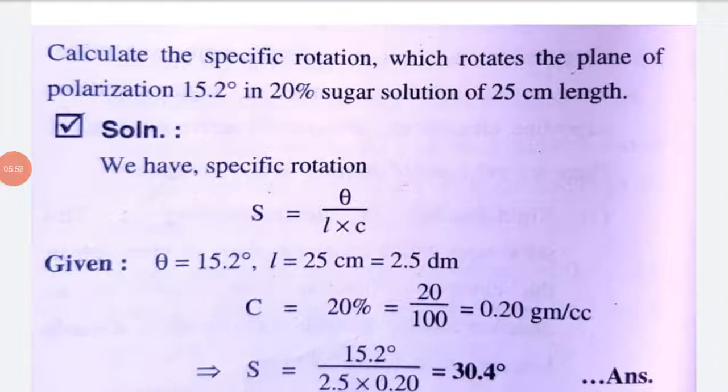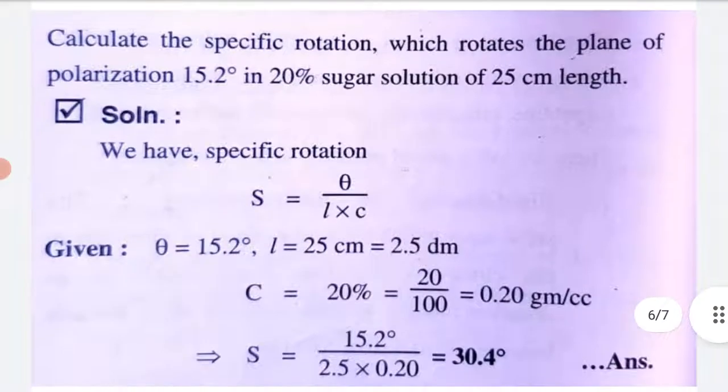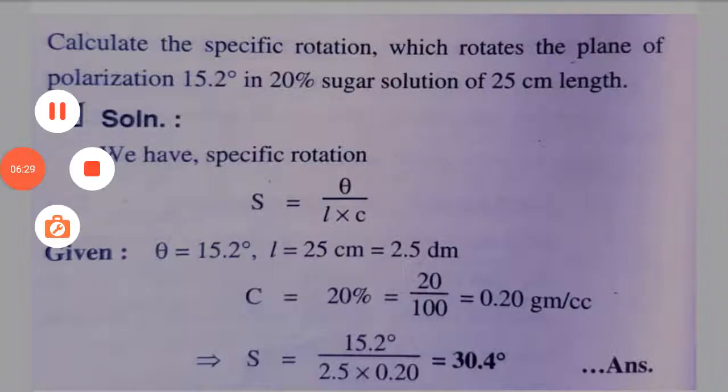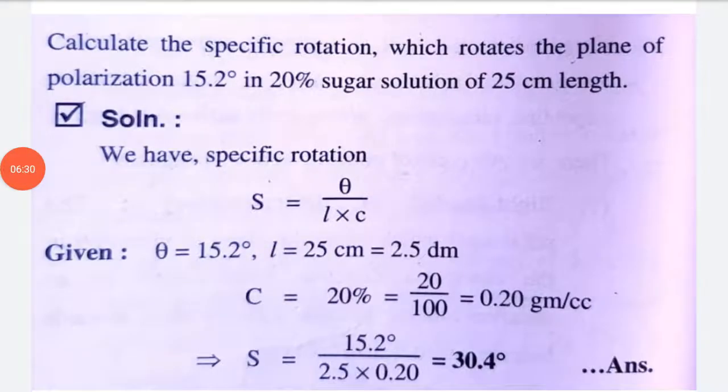Next example. Calculate the specific rotation of a sugar solution which rotates the plane of polarization by 15.2 degrees in a 20% solution of 25 centimeter length. Similarly, we solve this example. We have specific rotation S is equal to theta upon L into C. Theta is equal to 15.2 degrees, L is equal to 25 centimeter, which is 2.5 dm.